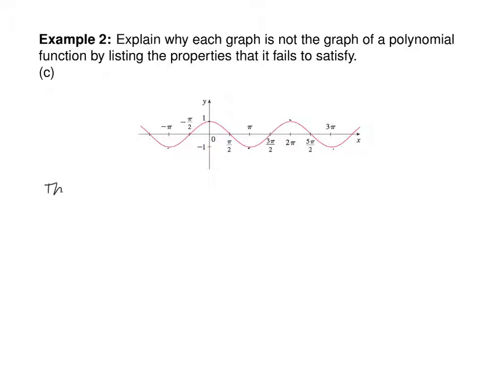So the problem is there are an infinite number of turning points. That's why this is not a polynomial. So we just assume that's going to keep going the same. Yeah, I think that's a pretty safe assumption.